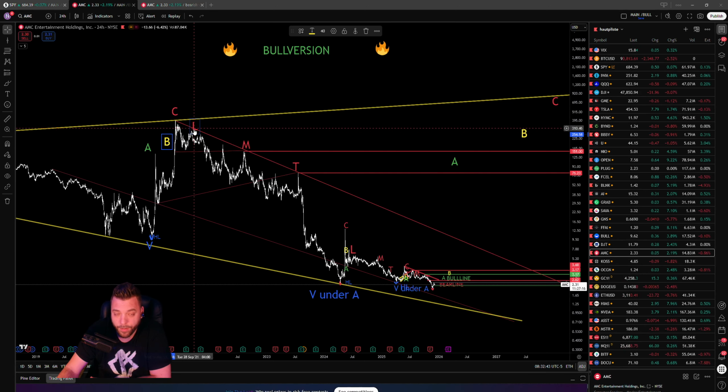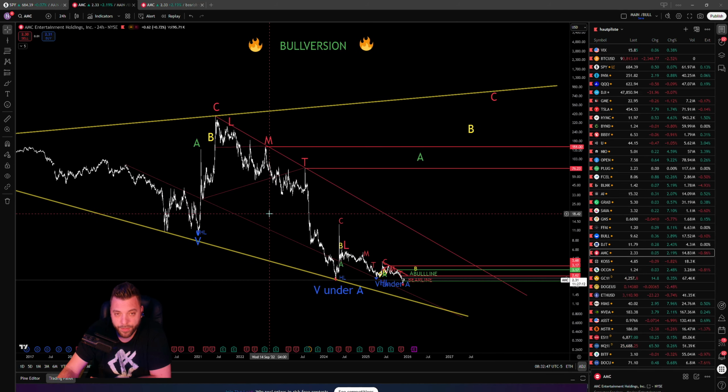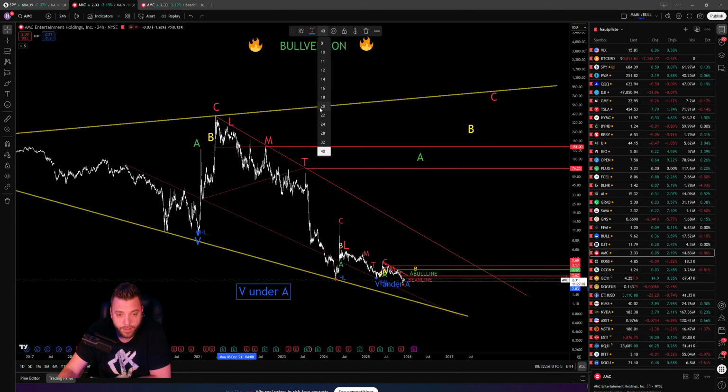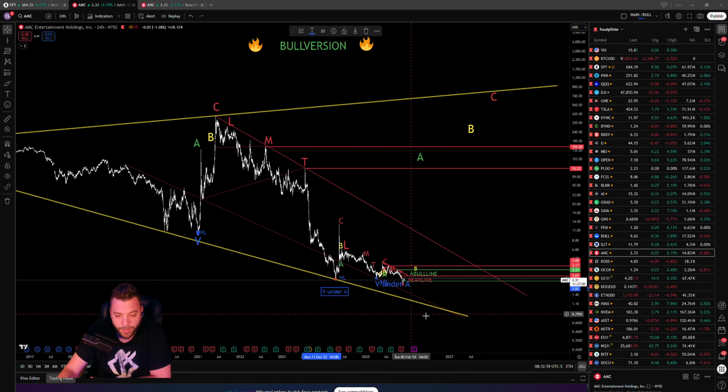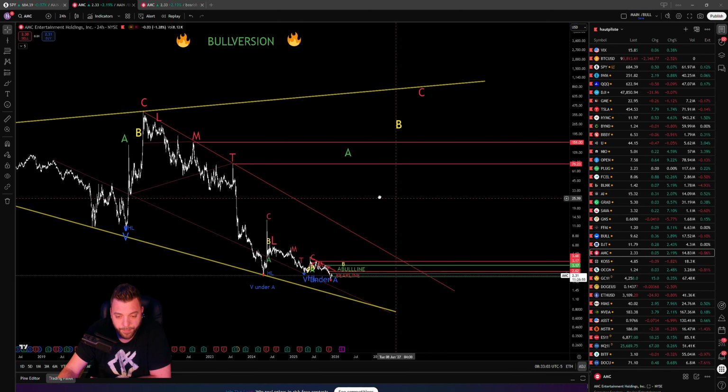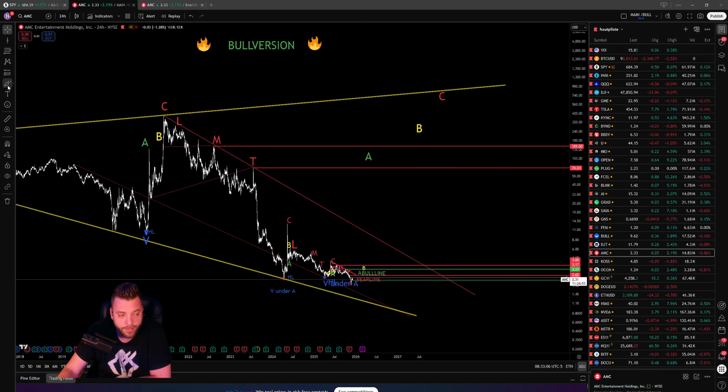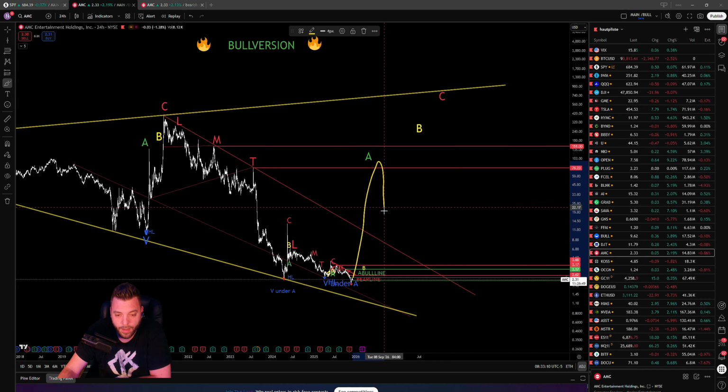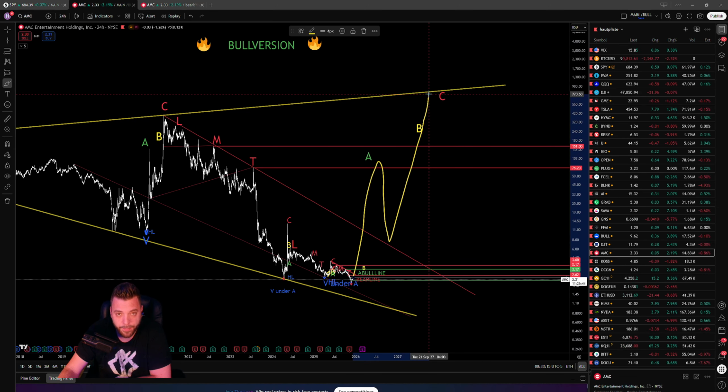Then you did your lower high, your M. And for the absolute bullish version, this was your T. And right now, because this isn't the real V&A, this right now, if the bottom is in, was your V&A. So your next target would be A pullback, B, no pullback, C.